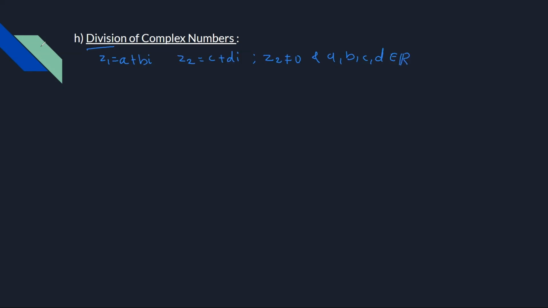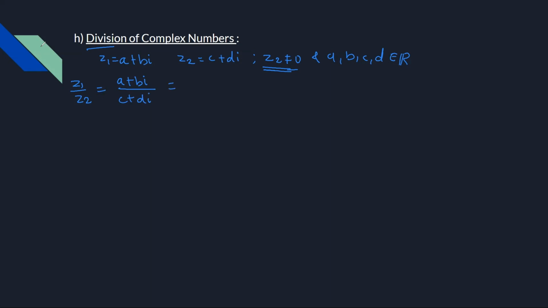So z1 by z2. Here z2 is not equal to 0 because our denominator should not be equal to 0. So therefore this condition is put. So z1 upon z2 equals a plus bi upon c plus di.